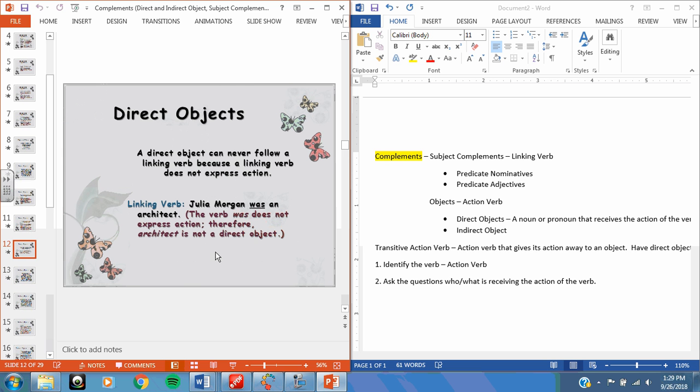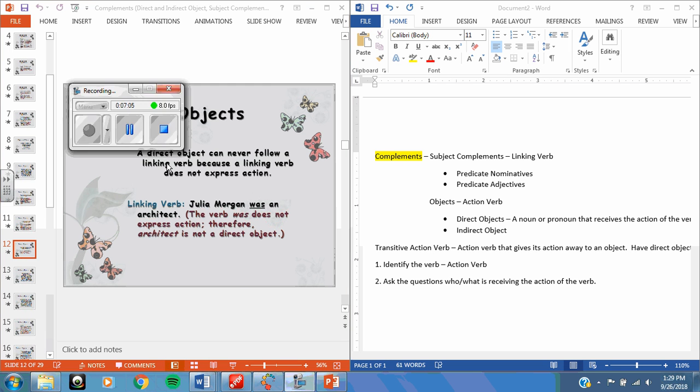All right, before we get off into indirect objects, I want to let you know there are different ways in which a test will try to trick you on this, so I'm going to set up some examples. If you take a look at the three sentences down here, only one of them contains a direct object.